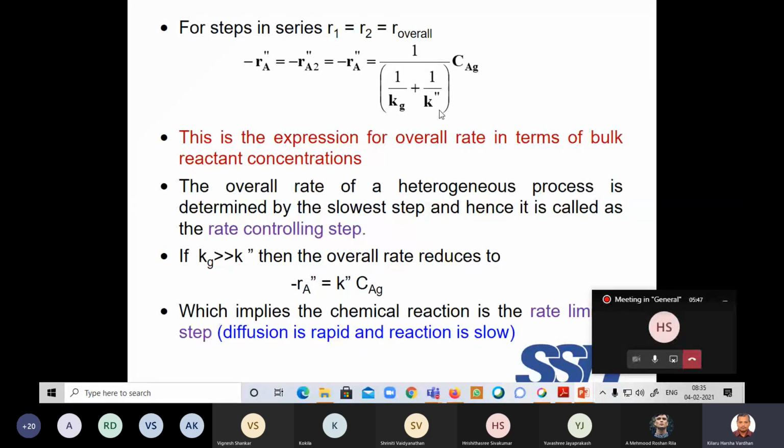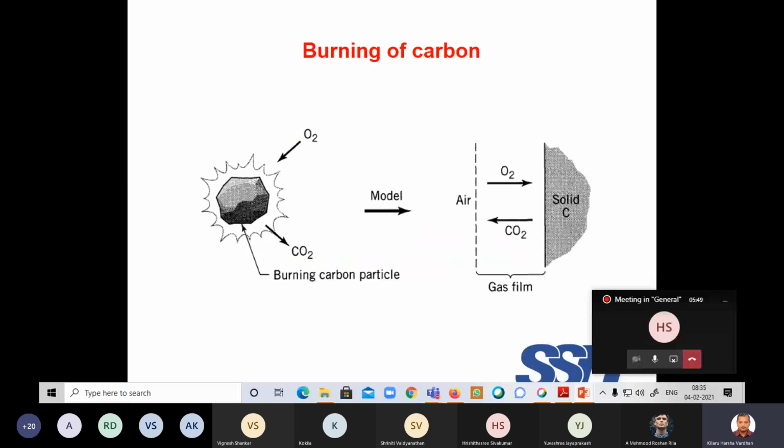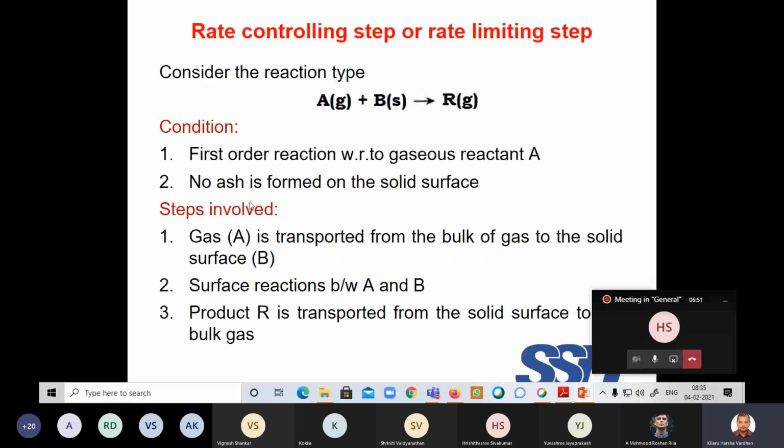Suppose I assume there is ash being formed, then what will happen?